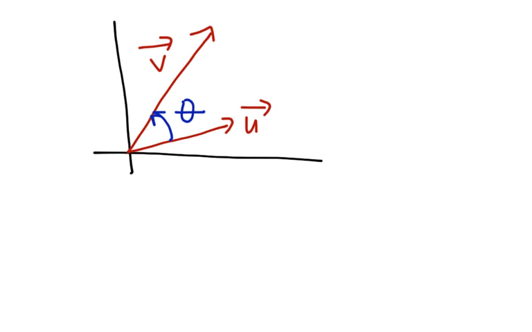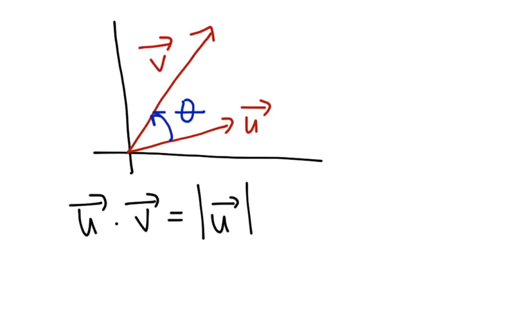Let's say I wanted to know the angle between two vectors. Well, there's something called the dot product theorem that says that when you do the dot product, the scalar quantity that you get is really the same as the magnitude of those two vectors being multiplied times the cosine of the angle between them.